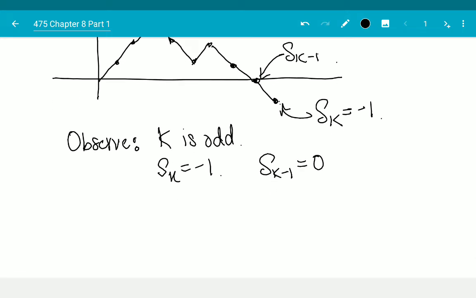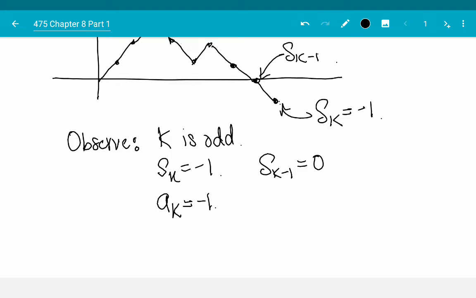It just could be that my first thing itself was a -1, but that's fine. That tells me that a_k is actually -1, right?